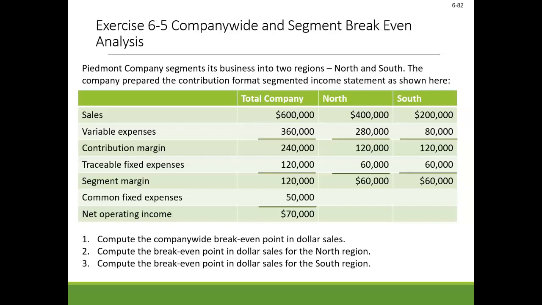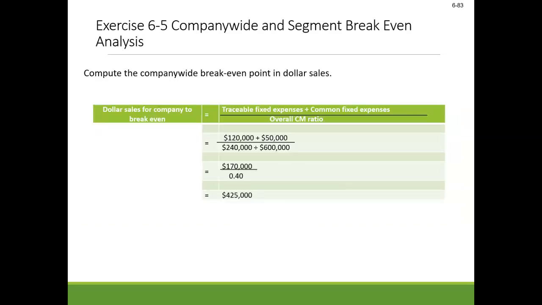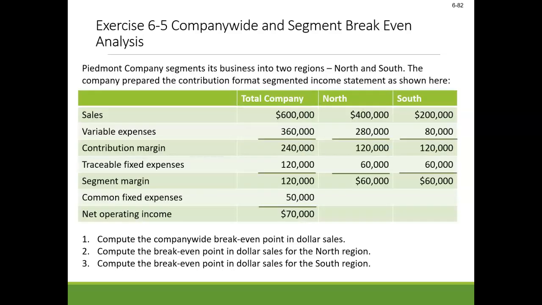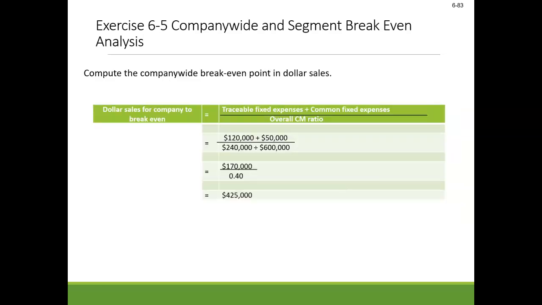Our sales is sitting at 600. 240 divided by 600 will give us our ratio, 40%, and our fixed expenses are our 120 plus our 50, or 170. So 170,000 divided by 40% means our sales need to be 425,000 just to break even.